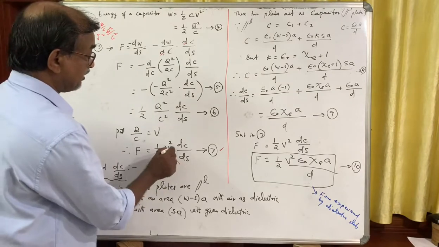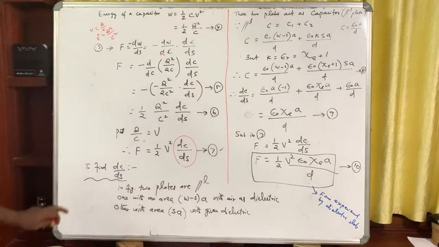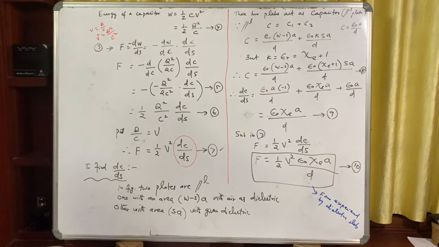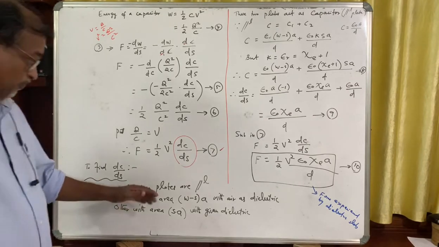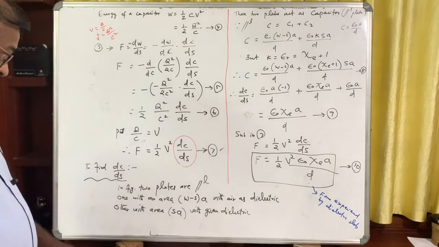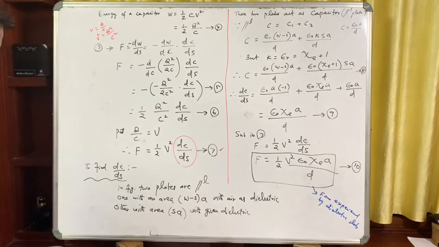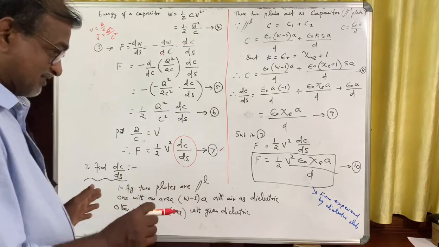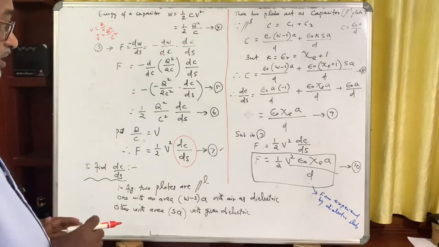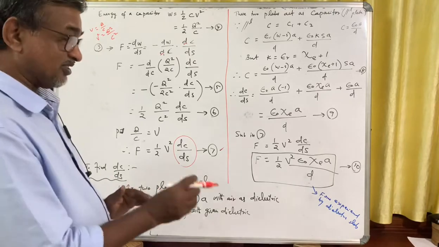In this we have to find the value of dC by ds. To find dC by ds, we consider the two parallel plates in the figure. The parallel plates act as two capacitors, C1 and C2.